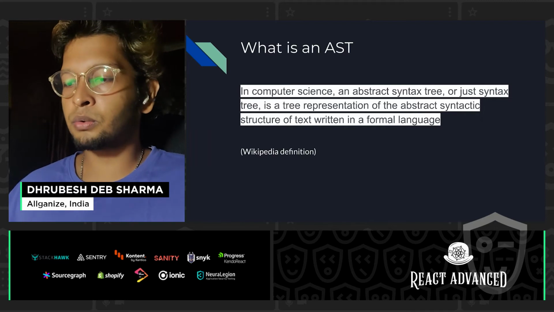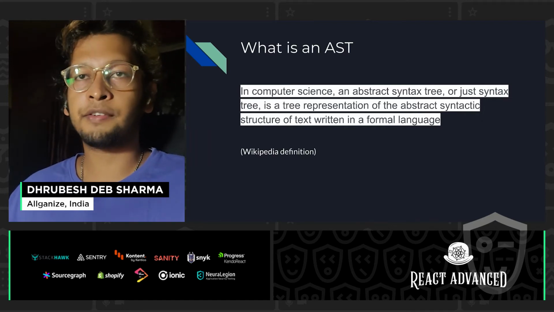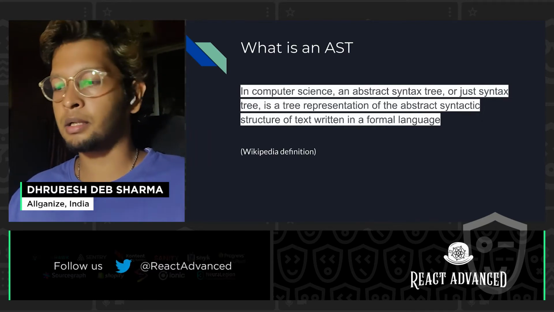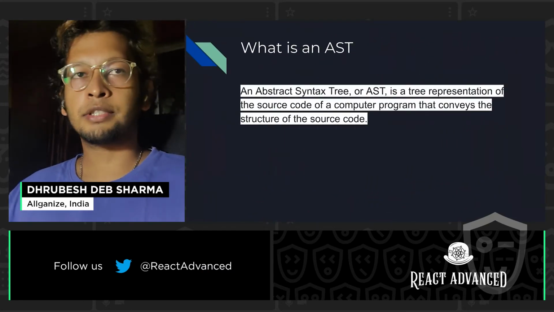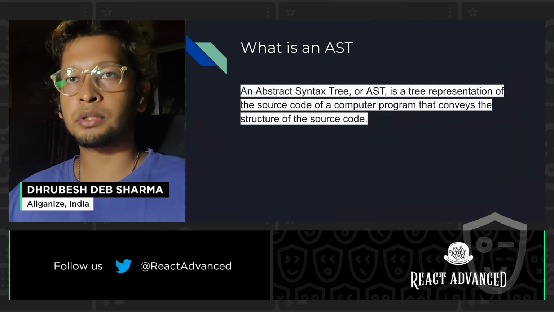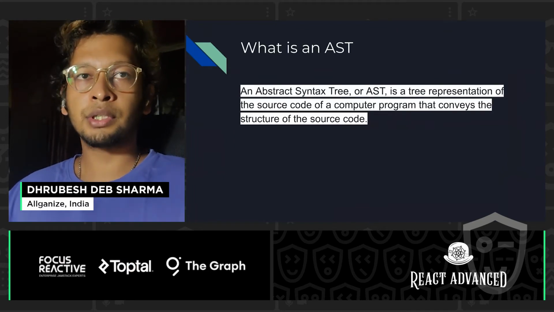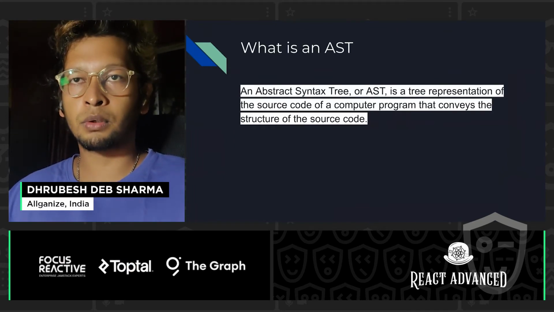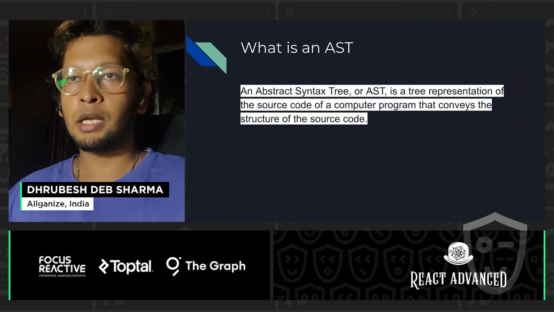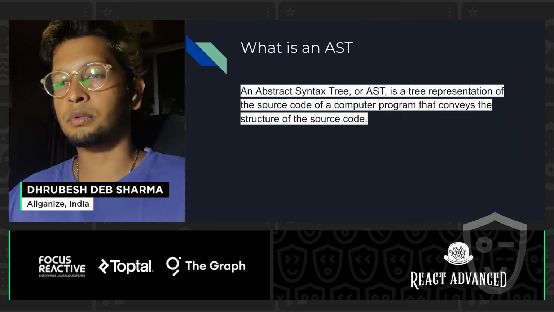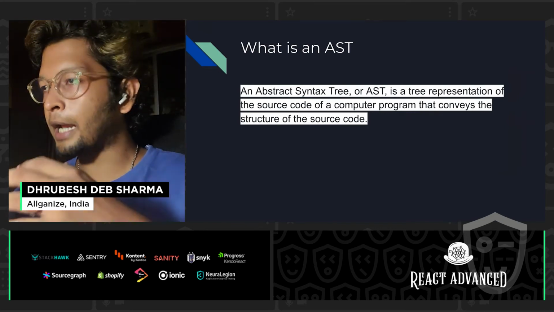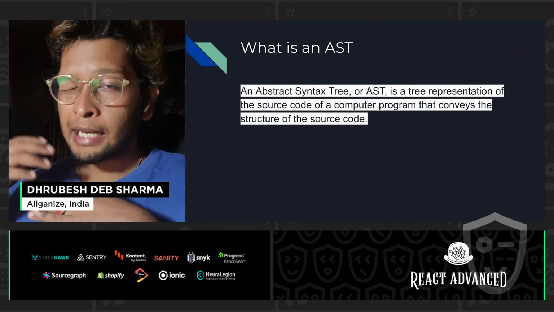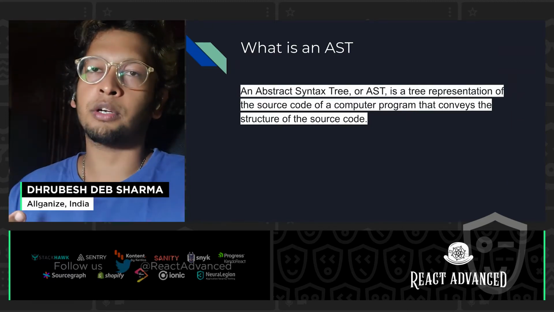So I tried to find a better definition which is much simpler, and I stumbled upon this one. An abstract syntax tree or AST is a tree representation of the source code of a computer program that conveys the structure of source code. What it means is you can look at the AST and derive what code you're writing.